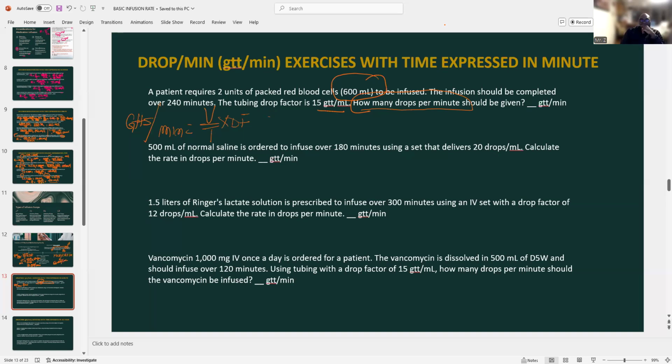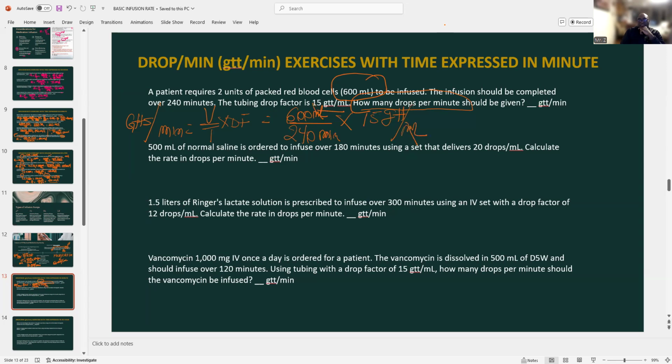So let's see. You will have 600 milliliters divided by 240, multiplied by 15 drops in 1 ml. So this ml and that ml will cancel out.